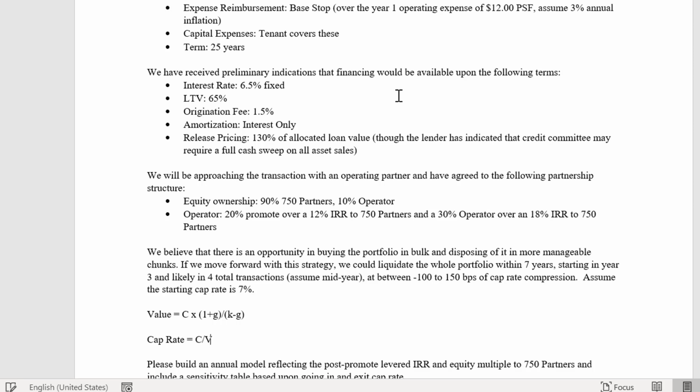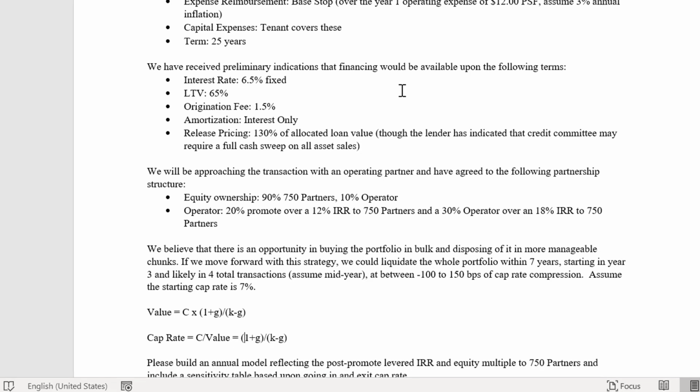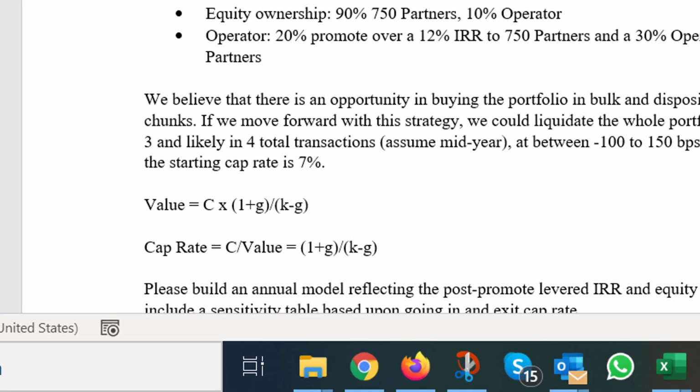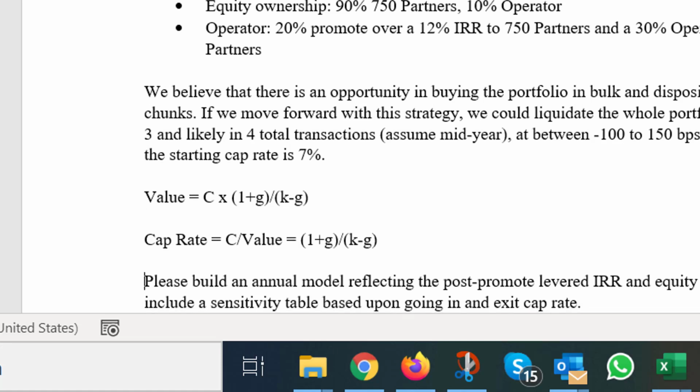Cap rate is the cash flow divided by the value. And if we use our theory and assume this value never goes down, which is ridiculous, we have 1 plus G divided by K minus G. And basically, if we take this 1 plus G away, it's just K minus G. So if the cap rate is something like 7% and you think the growth rate's going to be 3%, the implied cost of capital is pretty high. It's something like 10%.